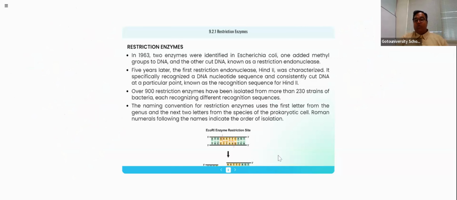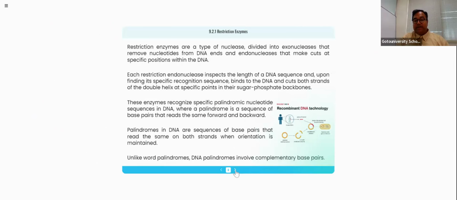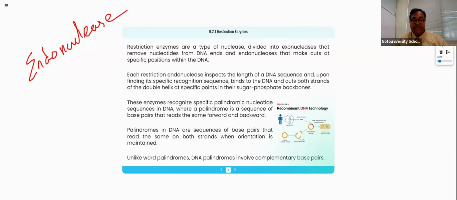Now we are entering into the important concept. Restriction endonuclease and restriction exonuclease work in a different way. Restriction endonuclease always tries its best to break the restriction site present in the center of the DNA.